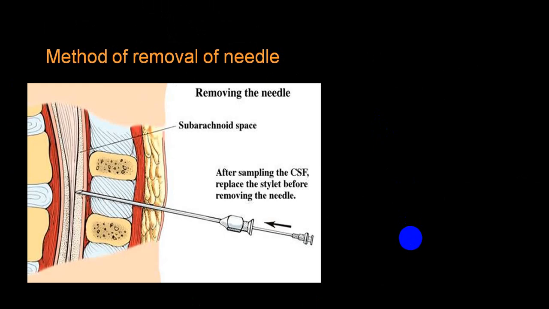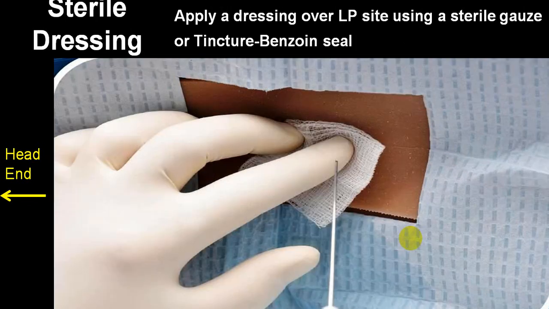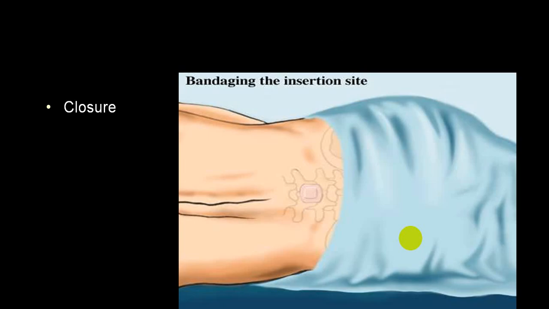So smoothly reinsert the stylet and smoothly remove the entire needle. Apply pressure and then seal off with tincture benzoin seal, and put a tape, bandage tape, so that you prevent CSF leak.